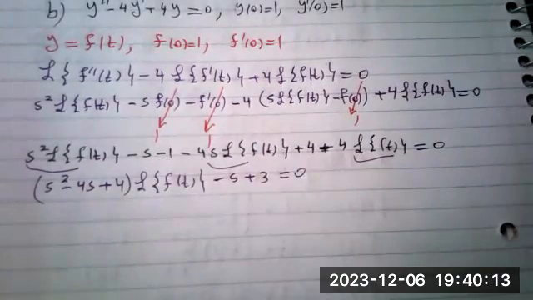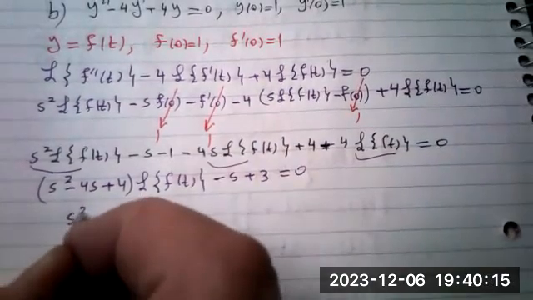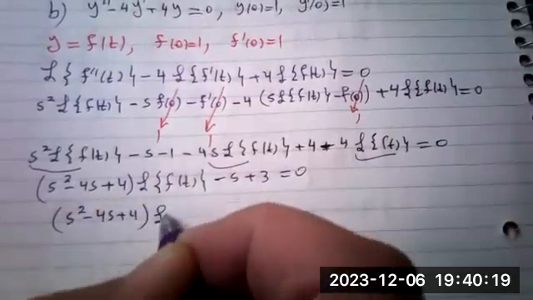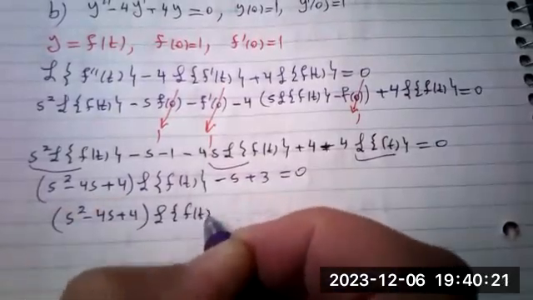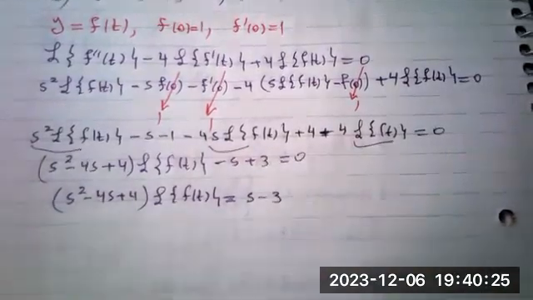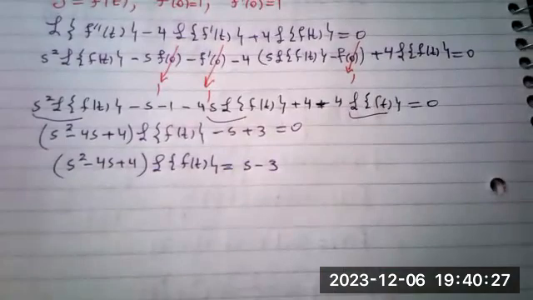Move it to the other side. So that gives s squared minus 4s plus 4 times Laplace of f of t. Other side, that gives s minus 3.